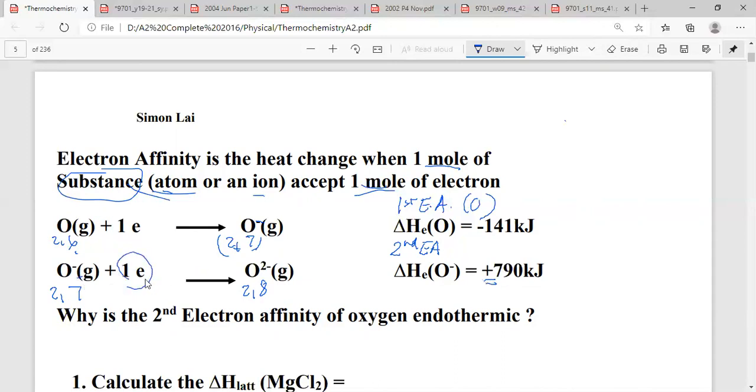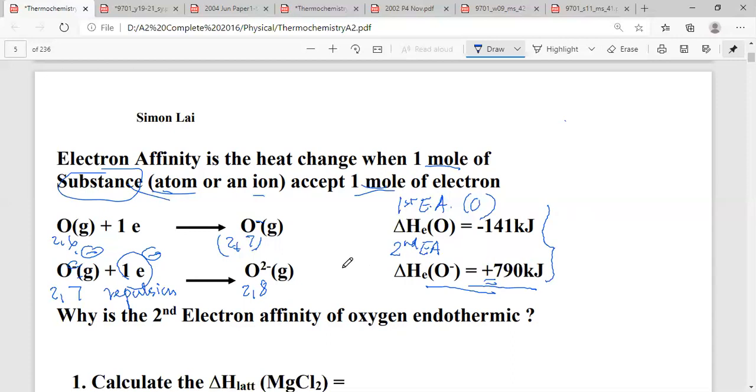That means you give the electron energy to push itself inside. Why do you need energy? Because this is negative, and the electron is negative, isn't it? So there is repulsion. To overcome the repulsion, you must provide energy. That's why it is positive 790. So the two things you add up will give you the total required for oxygen.